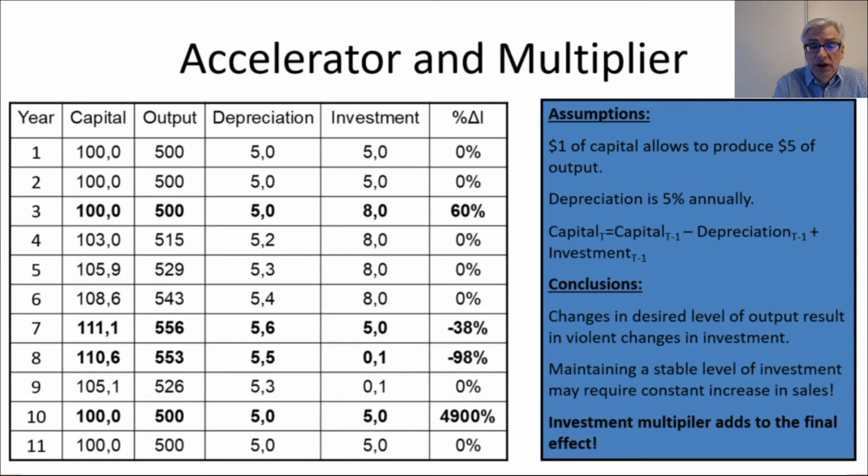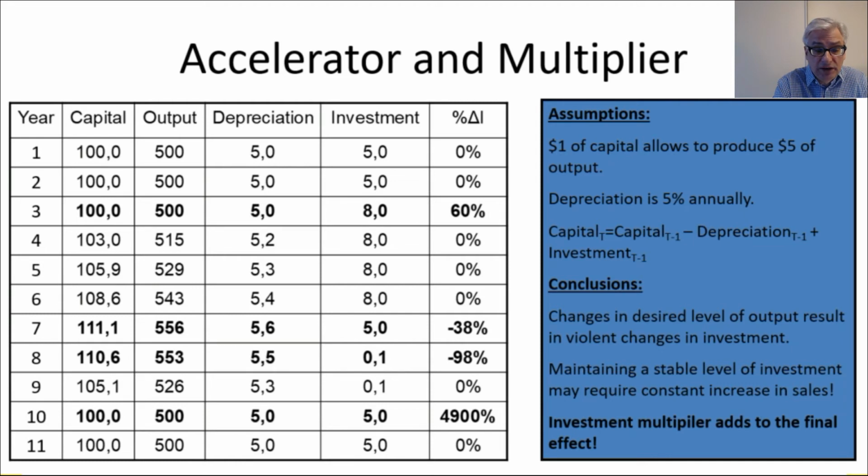So we have again a very ugly present for our suppliers. First we cut down our investment from 8 to 5, this is in year 7, and this is a fall by 40%. Then we cut down from 5 to almost nothing. And we continue over the next year to buy nothing.